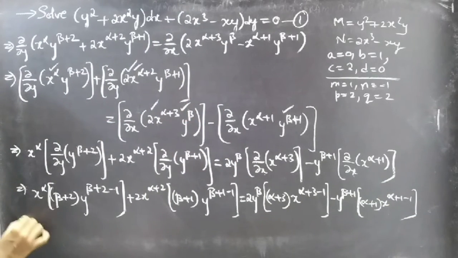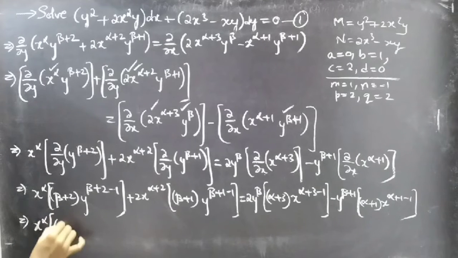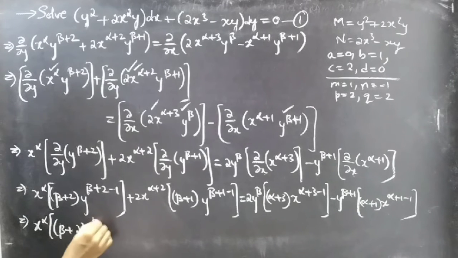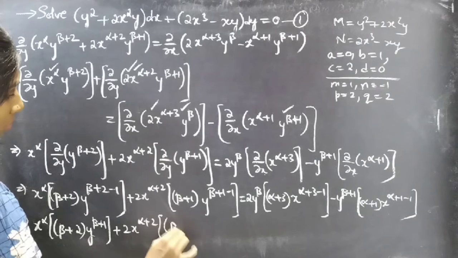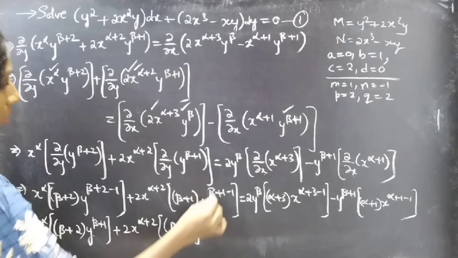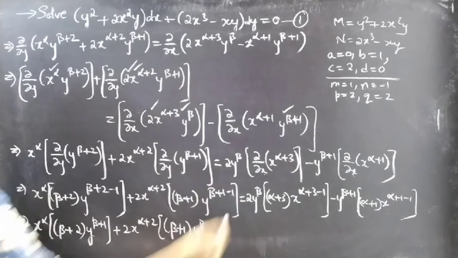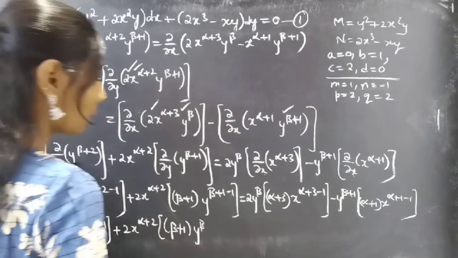This gives us x power alpha of beta plus 2 into y power beta plus 2 minus 1 is plus 1, plus 2x power alpha plus 2 into beta plus 1 into y power beta plus 1 minus 1 is 0, right? You'll get just y power beta here.